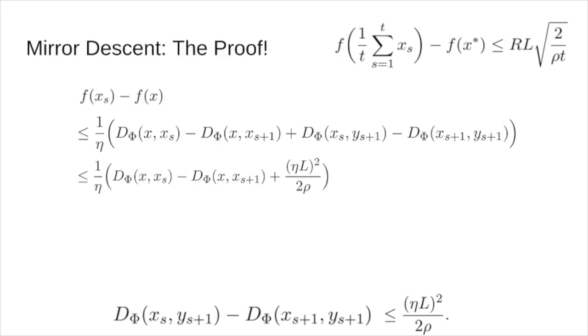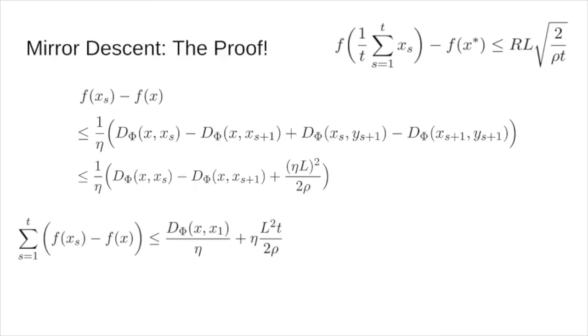And now we want to sum everything up to get it in the form in the upper right-hand corner. So when we sum everything up, with the telescoping terms, we're only left with the first term, which is the Bregman divergence between x and x1, minus the last term, which would be the Bregman divergence between x and xt.